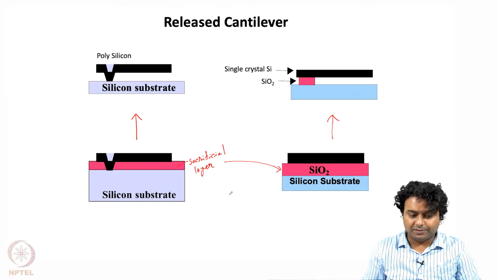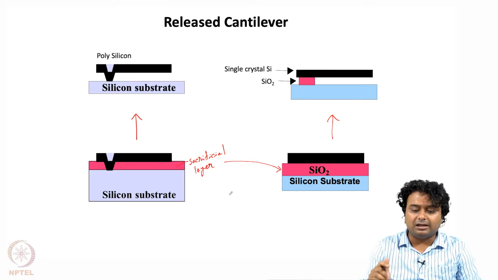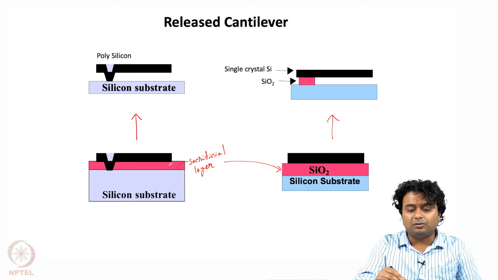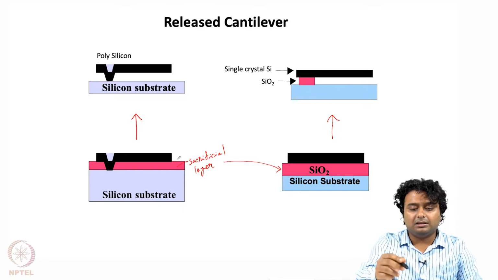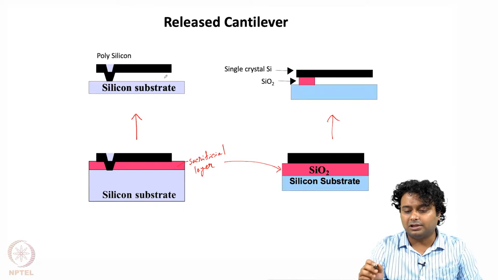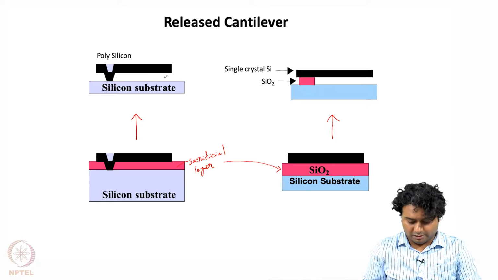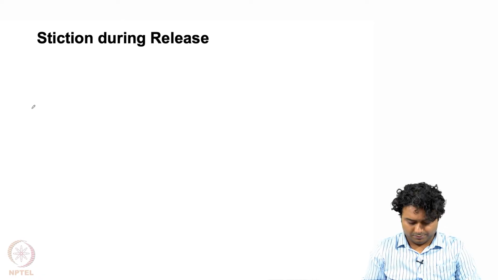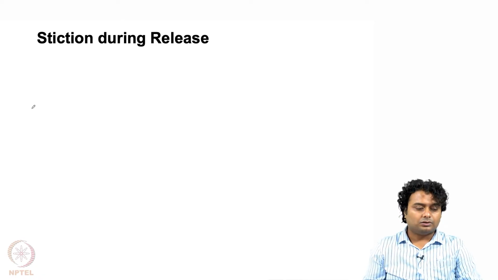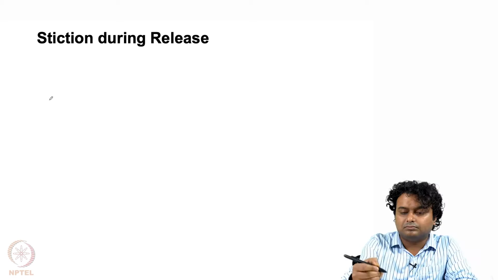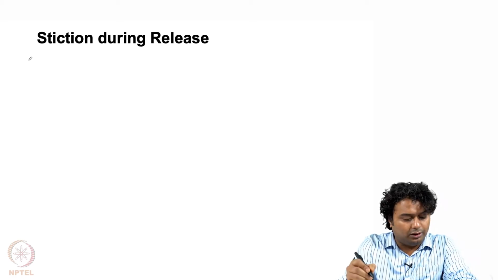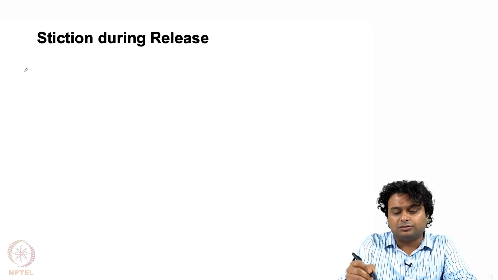Now to release the cantilever, we need to remove this layer, then it will be like floating in the vacuum, right? So how can we do that? For doing that, we need to etch or remove that layer using HF solution. HF means hydrofluoric acid solution.